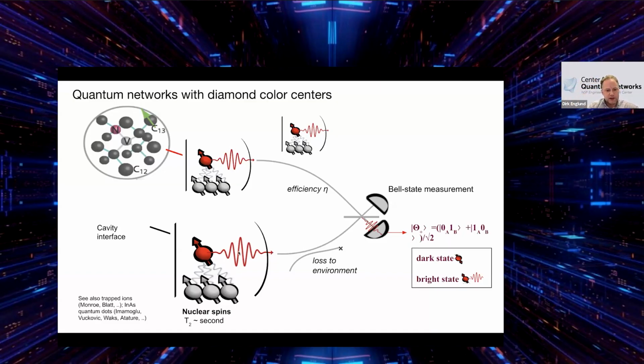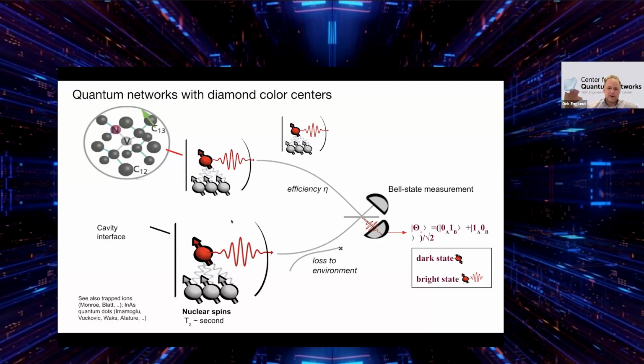What we can do is apply an optical field that is resonant in a spin selective way, and it scatters depending on the electron spin state of the nitrogen vacancy center.